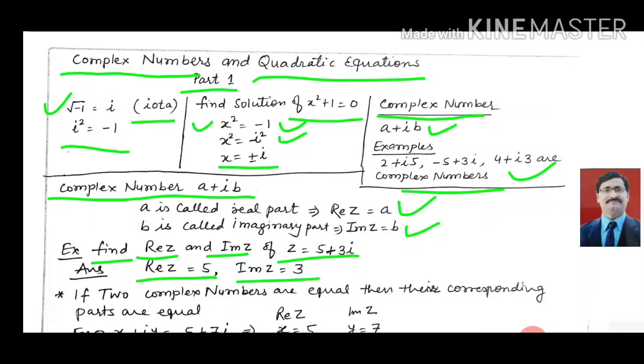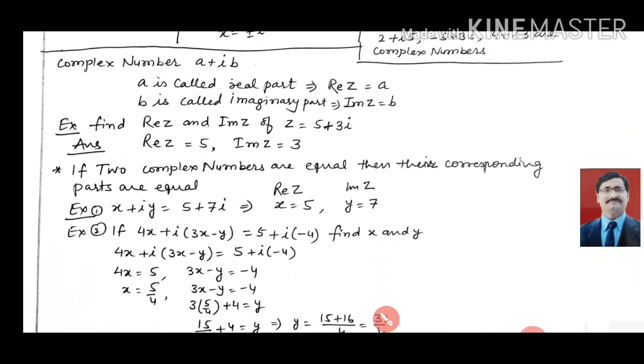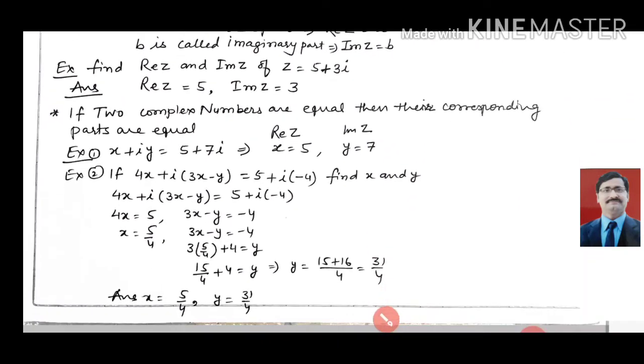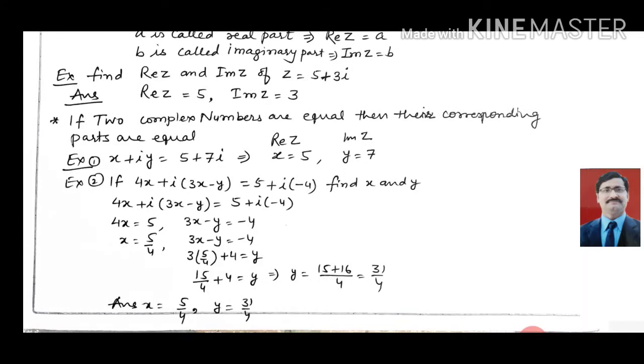Now look here, one more thing we will do: if two complex numbers are equal, then their corresponding parts are equal. If two complex numbers are given, look here, x plus iota y is equal to 5 plus 7 iota. Equal means you will check their corresponding parts. Corresponding parts means the real part will be equal and the imaginary part will be equal.